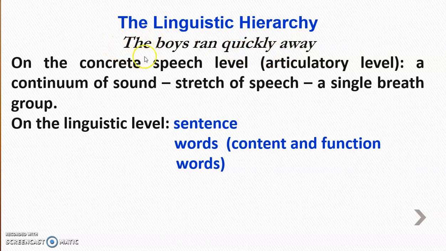The boys, the boys. It's a definite article. Well, that's a grammatical or function word. Which are the grammatical or function words? Articles, definite and indefinite articles, prepositions, possessive pronouns, auxiliary verbs. We'll analyze this later on.